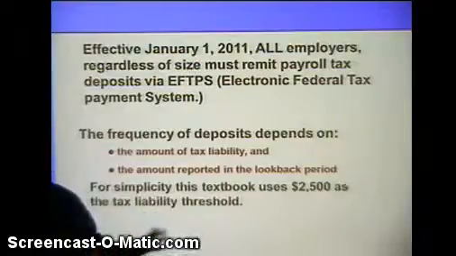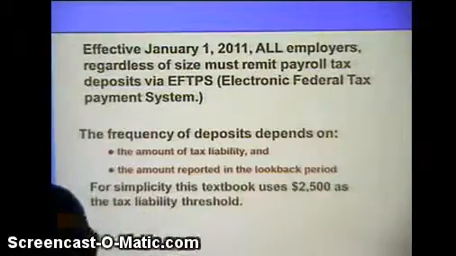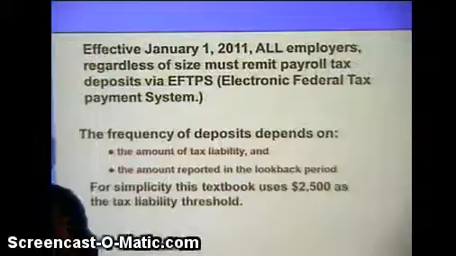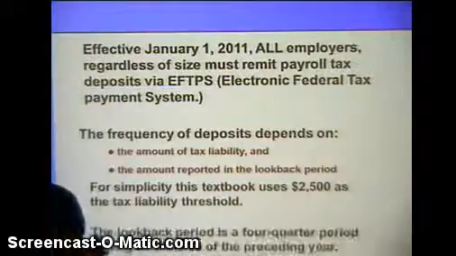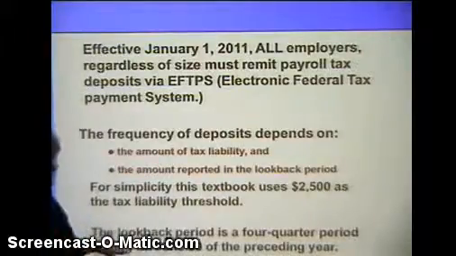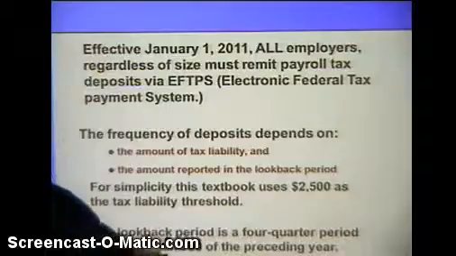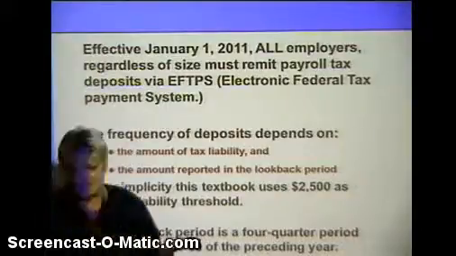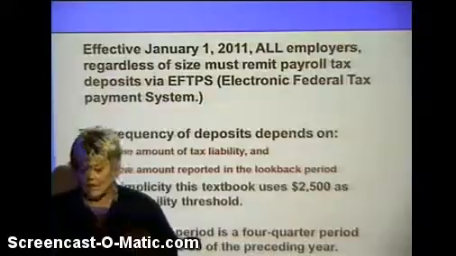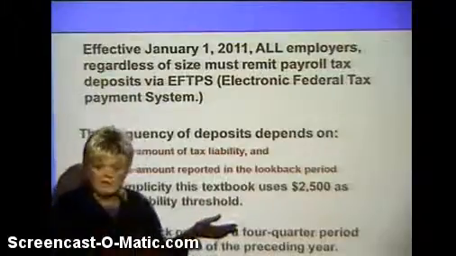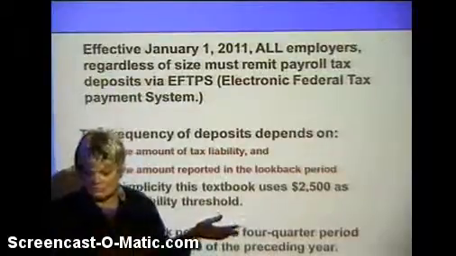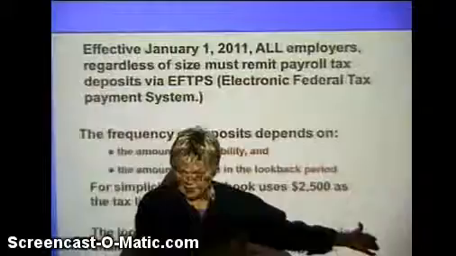That's the number we're going to use, just like we chose something for our Social Security and all. The look-back period is a 4-quarter period ending on June 30th of the preceding year. So when they start looking at when they have to pay, they look back to January 30th of the preceding year. Those are the quarters they look at.